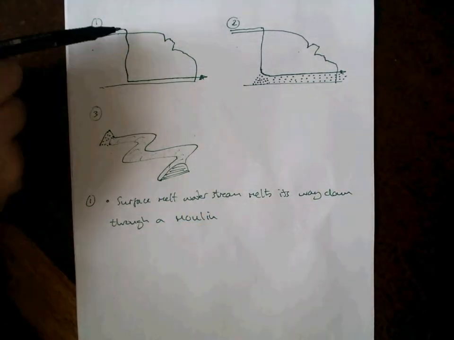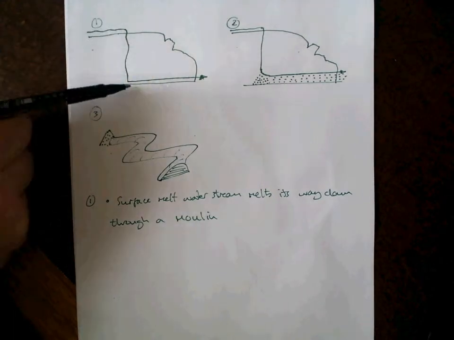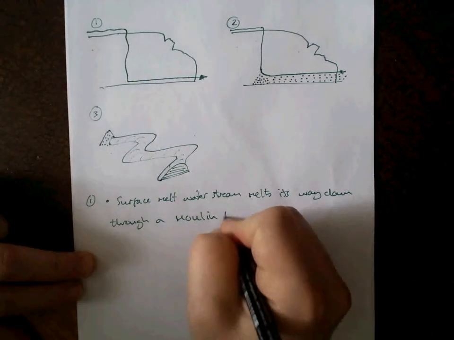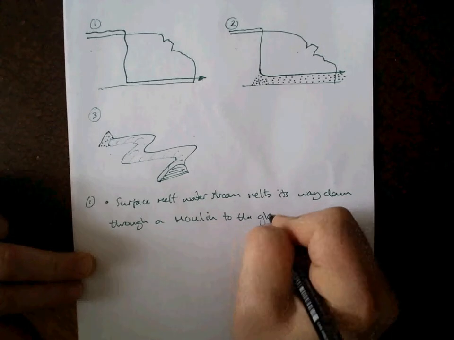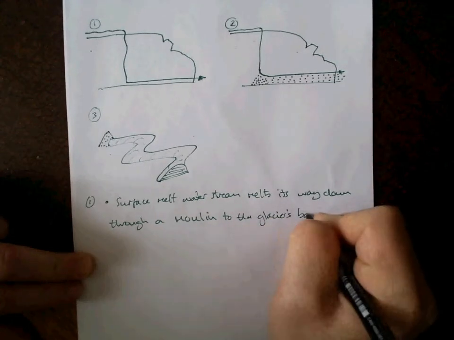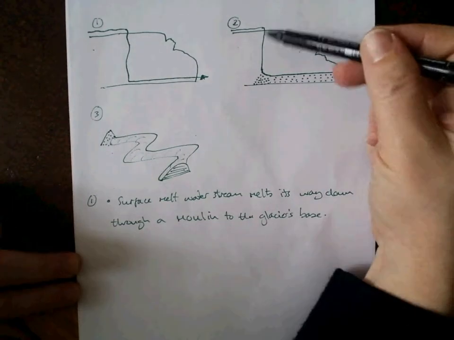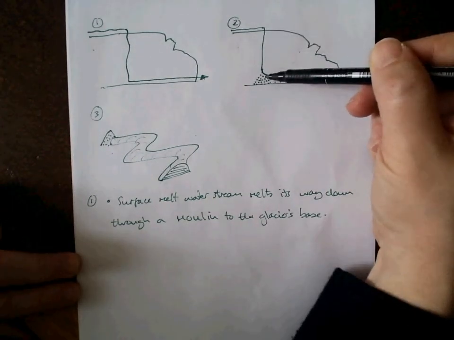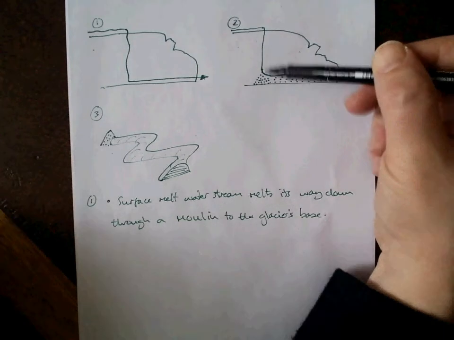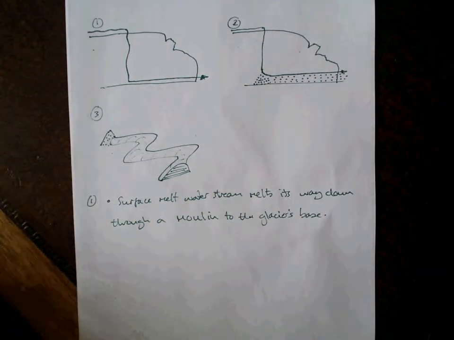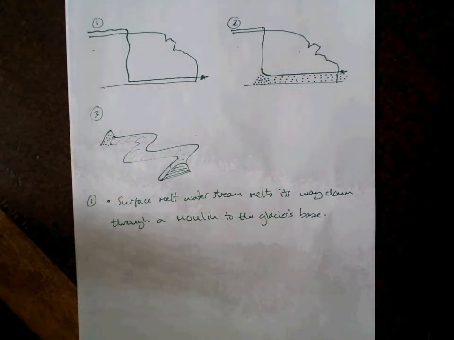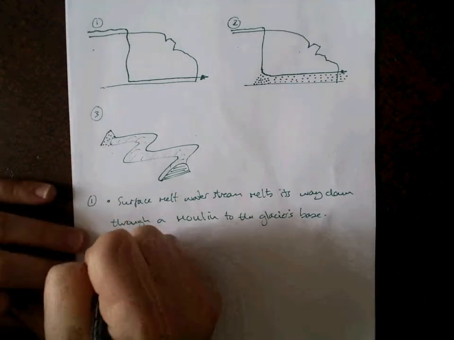That is the vertical shaft that it melts down through the ice to the glacier's base. What happens next? Well, the water arriving at the bottom of that moulin will deposit material that the water is carrying in a pyramid-shaped kame.